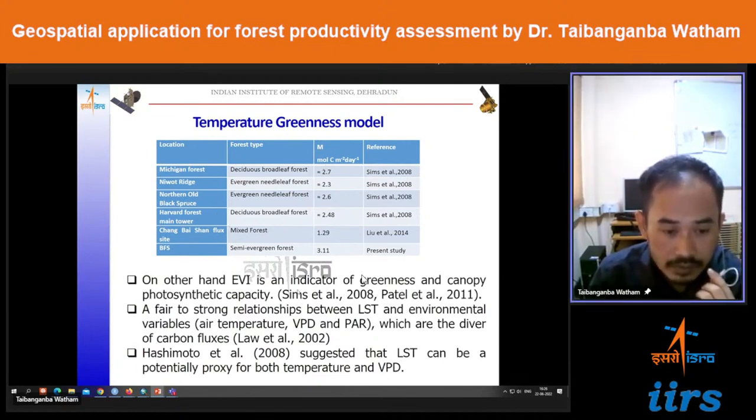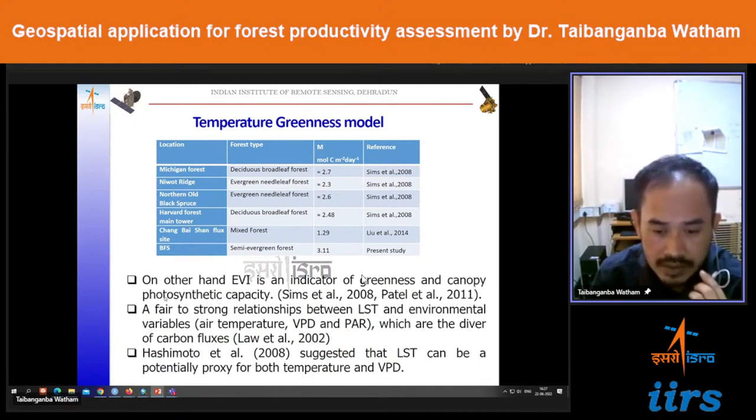How we are able to do this is that EVI, as we know, is one of the vegetation indices which gives more information on greenness and the canopy cover or canopy photosynthetic capacity. So it will relatively give us information on PAR and how much absorption by the canopy has been done. The second thing is the use of LST.